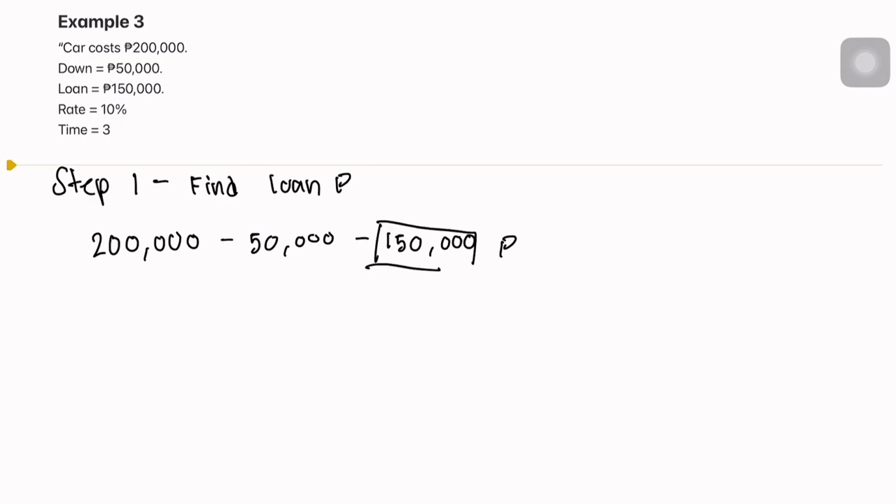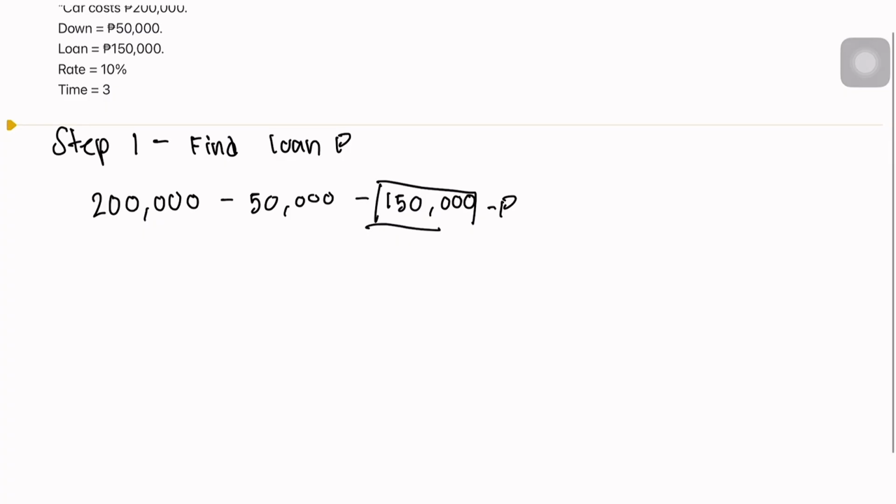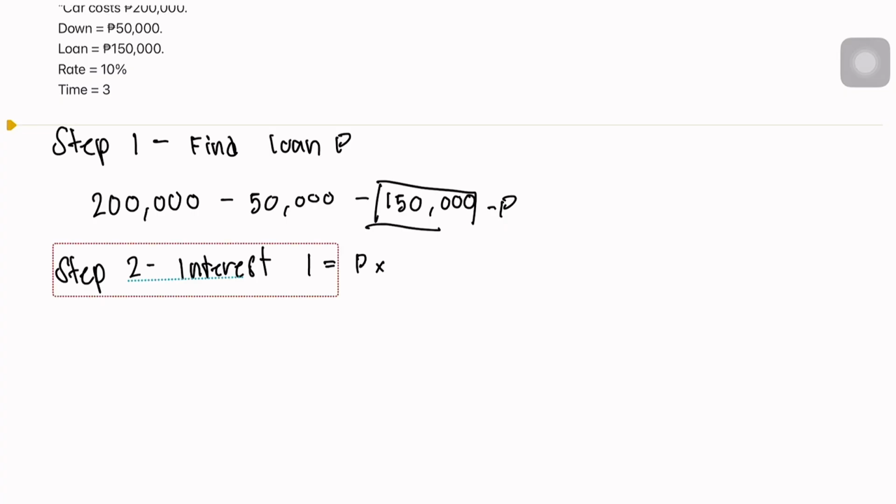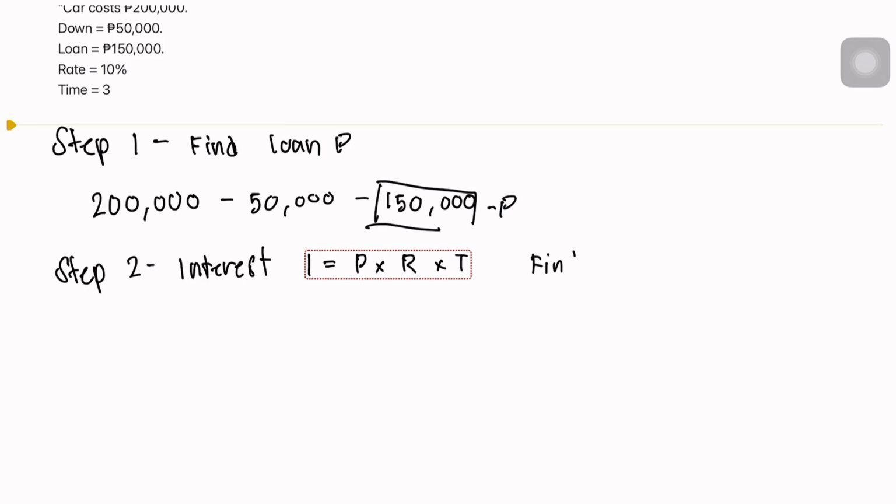Now we have our loan principal. So let's proceed to our step 2. For our step 2, let's find our interest. To find our interest, let's use the formula I is equal to P times R times T. First, let's change our percentage to decimal.